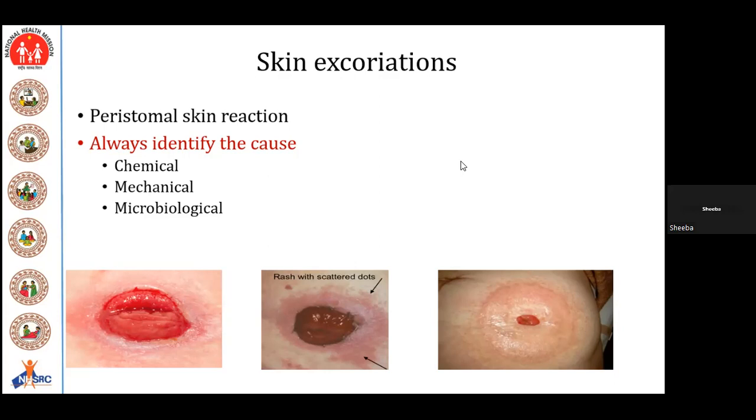These are the three things you can use for managing peristomal skin reaction. If you use the karaya powder, you can mix it with the white portion of the egg and apply it on the skin excoriated area, and wait for 2 to 5 minutes. After that, you can fix a colostomy bag.